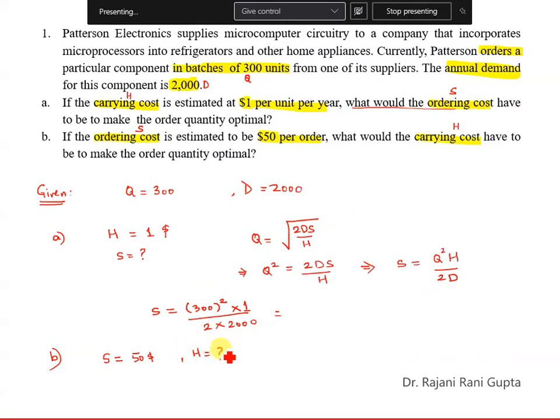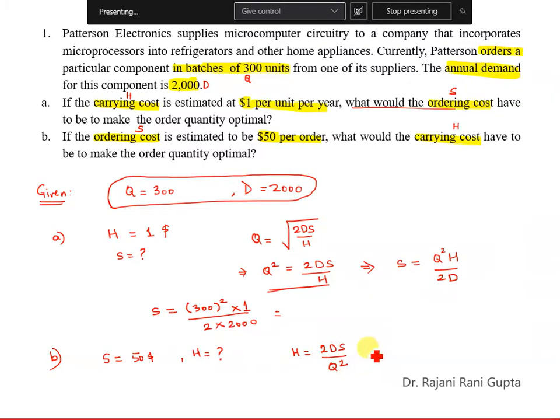Here you need to find H. Note that the annual demand and the optimal order quantity are fixed for both parts. They have not changed; the only change is in S and H. Again, this is the same formula relating Q, D, S and H. Now we reduce this formula in terms of H. H equals 2DS over Q squared.